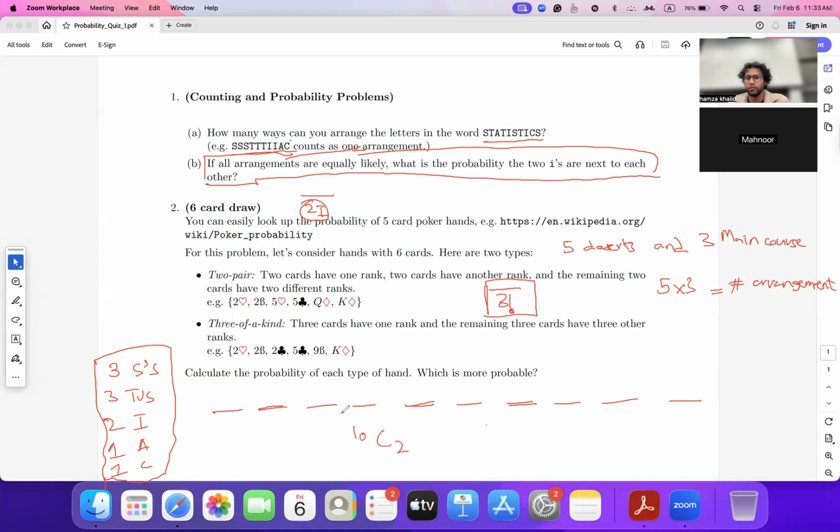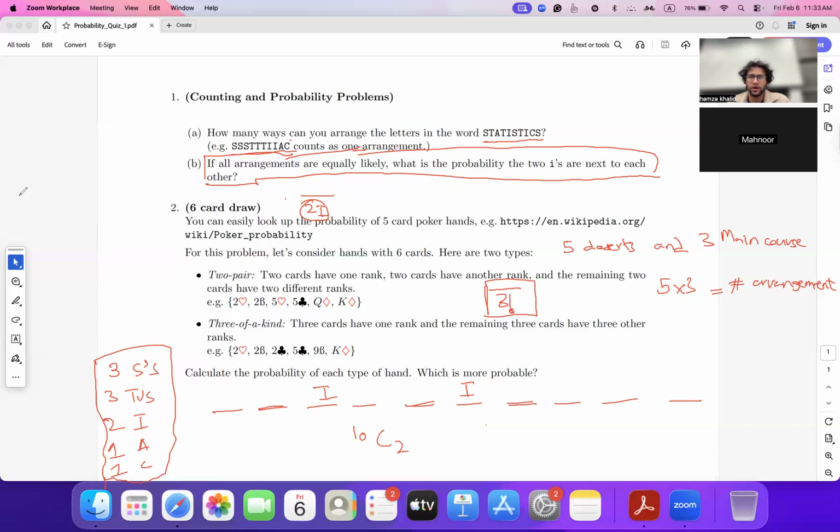Because from the 10 slots, you just want to choose 2. Where is the information about I's encoded? Well, it's encoded here somewhere. They could have been any letters, but we don't want those letters. We want this letter.